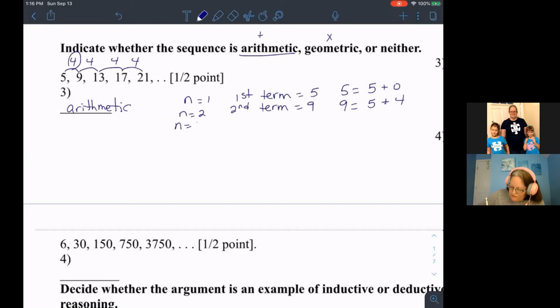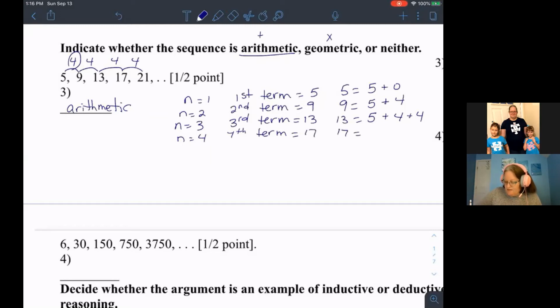If n is 3, our third term is equal to 13. That's 13 equal to our starting term plus our difference plus our difference. If n is 4, the fourth term is equal to 17.